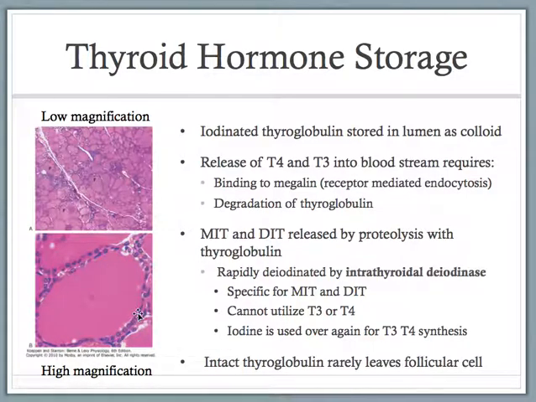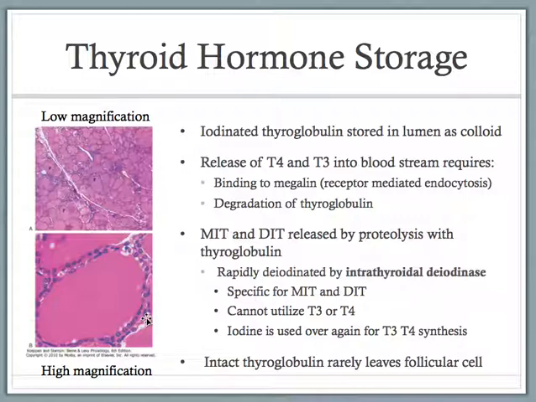So these cells, those are the ones that are trafficking in those large structures, putting them into the colloid until we need the T3 and T4, comes back in through that receptor, degraded, and then the T3 and T4 will go out into the bloodstream.